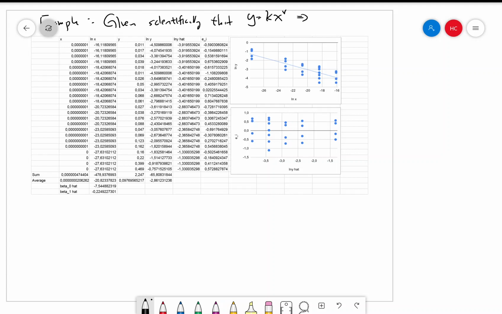Then this tells us that ln of y equals ln of k plus r ln of x. So it makes sense to do linear regression with ln of x and ln of y. First we calculate ln of x and ln of y. This is the plot with respect to ln of x and ln of y, and there's a least square line here drawing the dots. So this is the least square line.